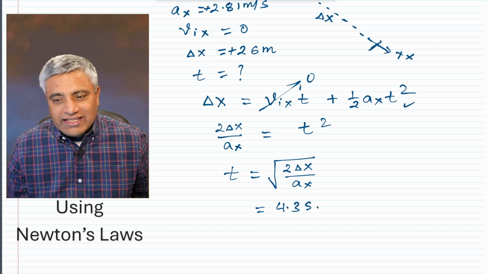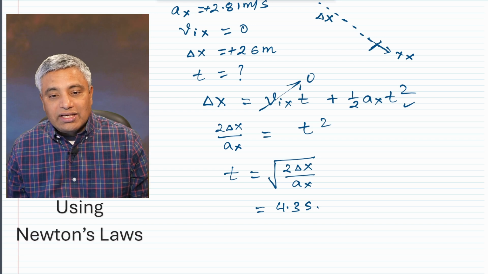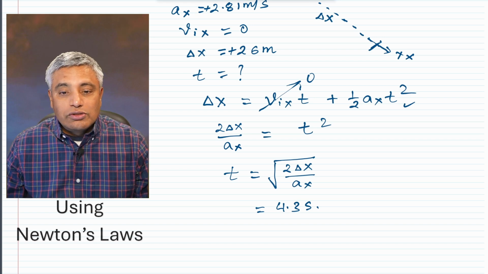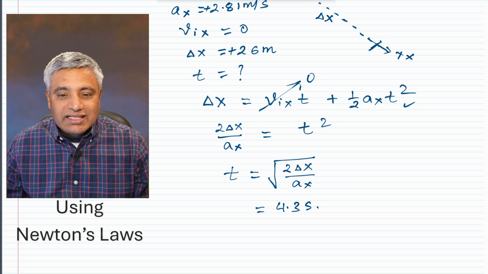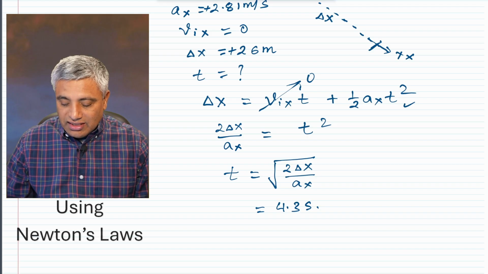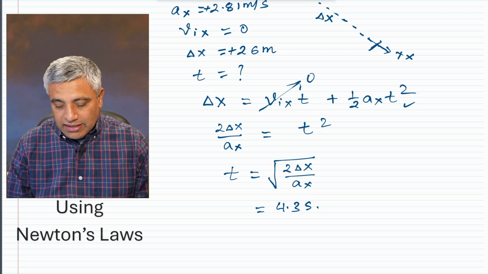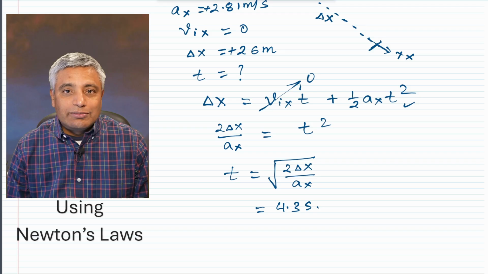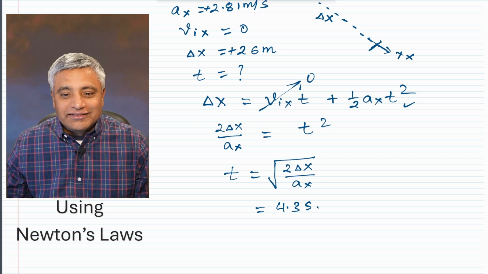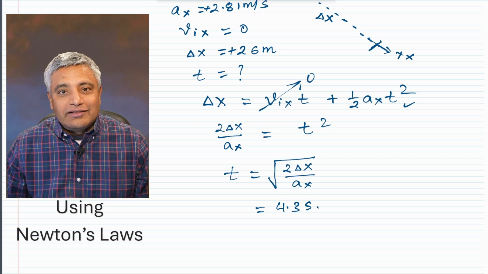So it takes 4.3 seconds accelerating downhill in the snow. It may seem like a very short time, but it's just 26 meters downhill, so it makes sense. But you always want to double check these numbers by plugging in carefully. I might be wrong. Okay. Happy learning physics.